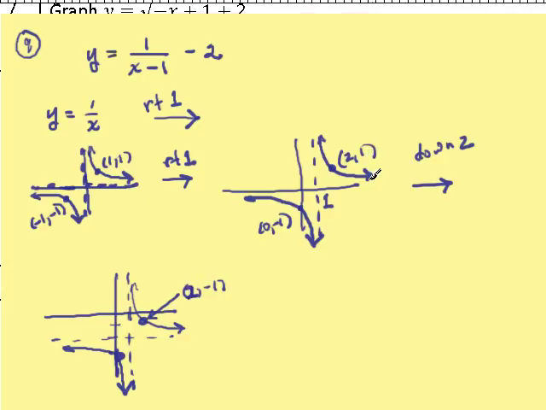I'm taking this point, subtracting 2 from here. So we're at 2, 1 minus 2 is minus 1. 2, minus 1. And now here subtract 2, and we'll be at 0, minus 1 minus 2, 0, minus 3. So this is 0, minus 3.